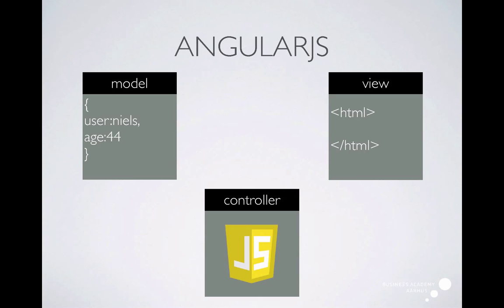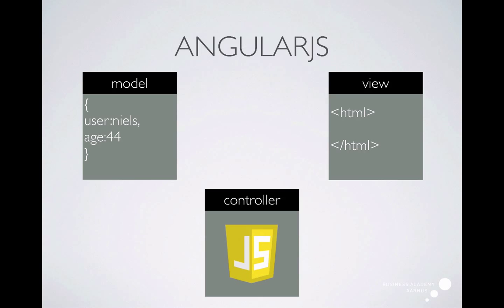It could be that this model is updated from a server via Ajax, but it could also be made with PHP. And then we have the controller. The controller is pure JavaScript, which will function as the decision maker.